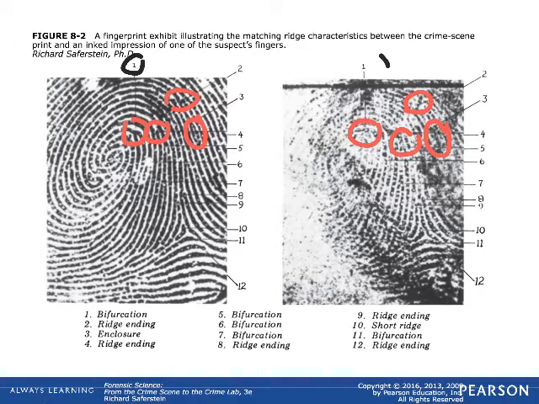So you can see by looking at them the similarities, and you can see what they're looking for. Number 10 is a short ridge, not a very long ridge. There's another ending, but you can see how they're similar and how they're different.